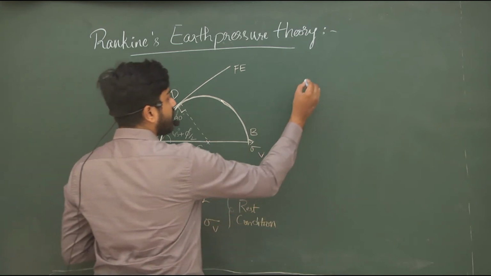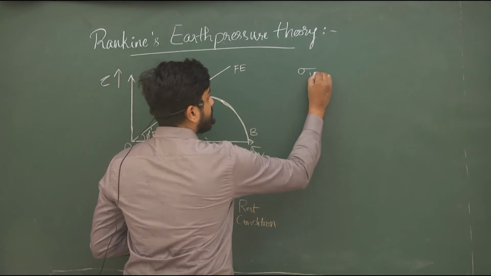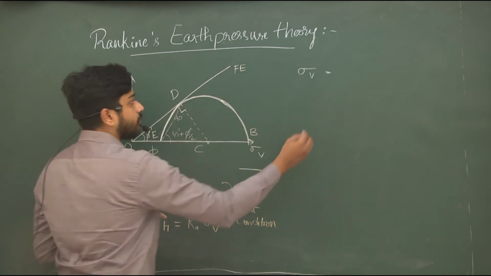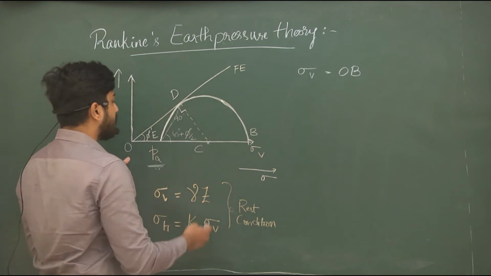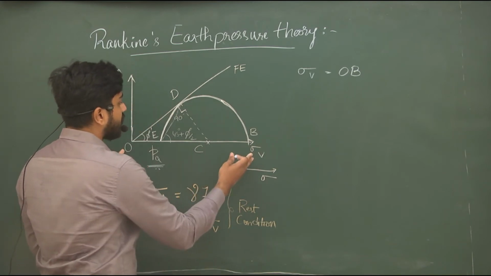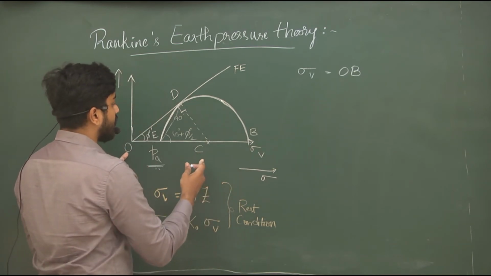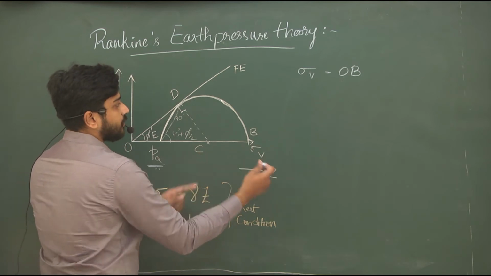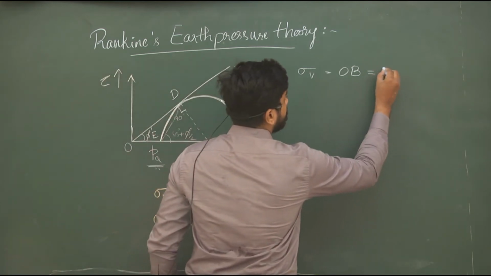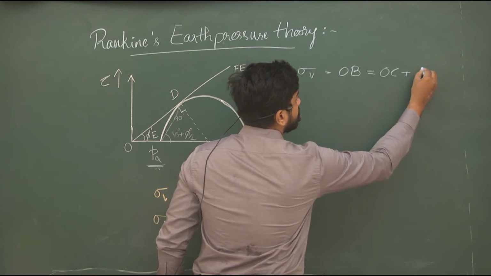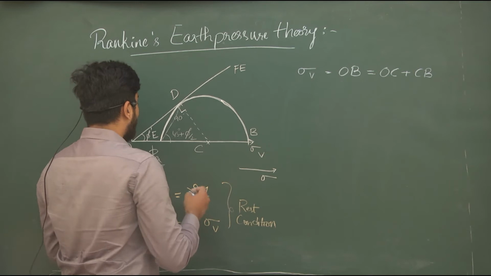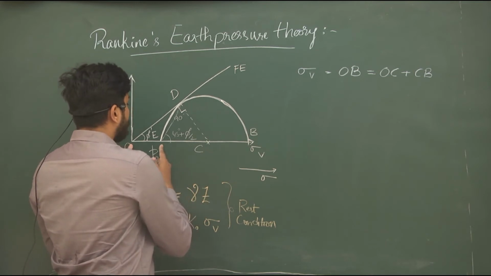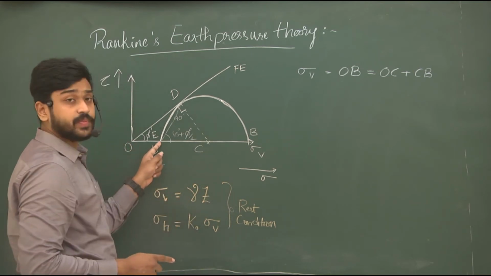Sigma v can be represented as OB, which we denote as OC plus CB. Similarly, what is Pa from this diagram?